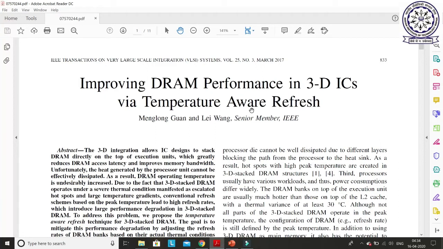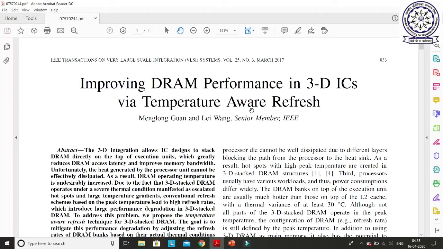Before starting today's lecture, let me inform you that this is the last week that we are discussing DRAM refresh. Today we'll discuss this paper, and tomorrow we'll discuss one more paper, and then we'll stop this area, the DRAM refresh area. Next week we'll discuss two very interesting proposals regarding how to handle the row hammer problem.